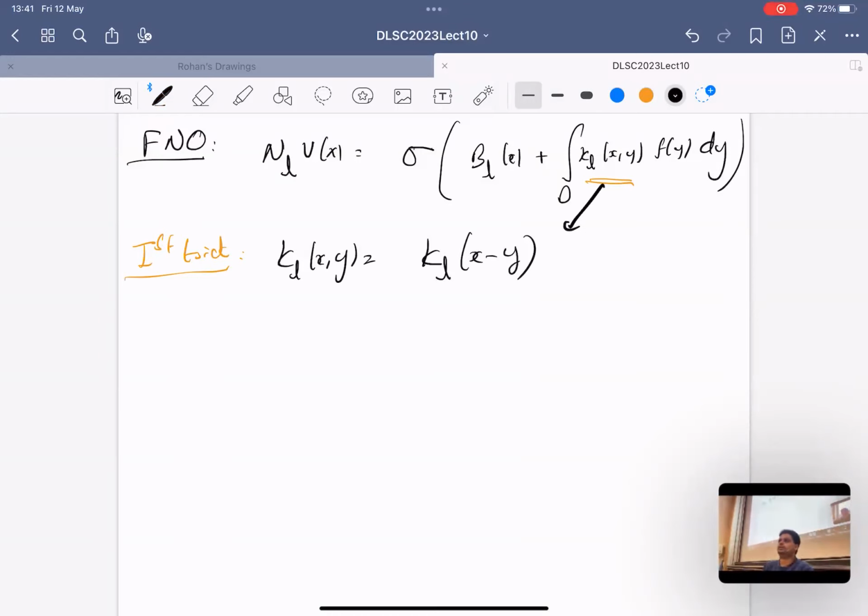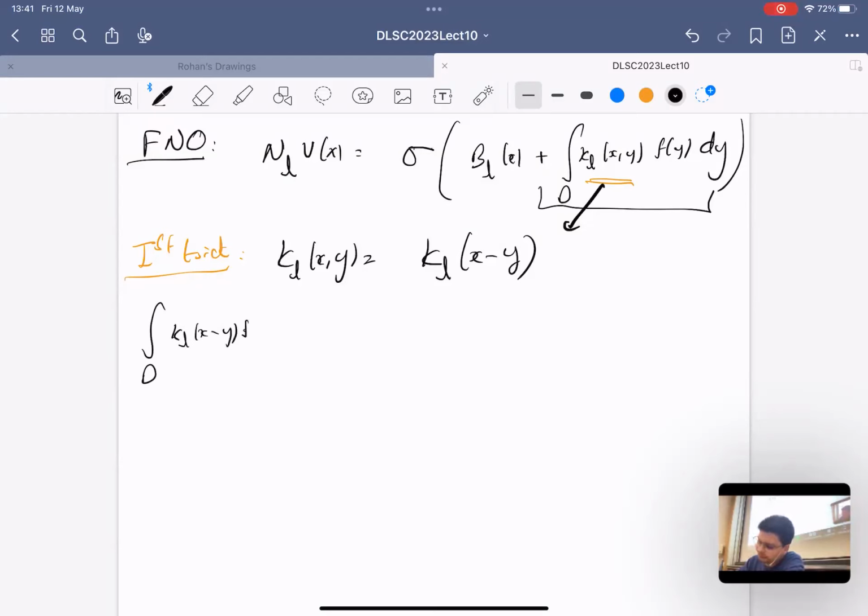So instead of depending on essentially the tensor product, you are only taking things along the diagonal, and that's going to be a very, very big thing. So in other words, what is this operation now? This integral here, KL of x minus y.